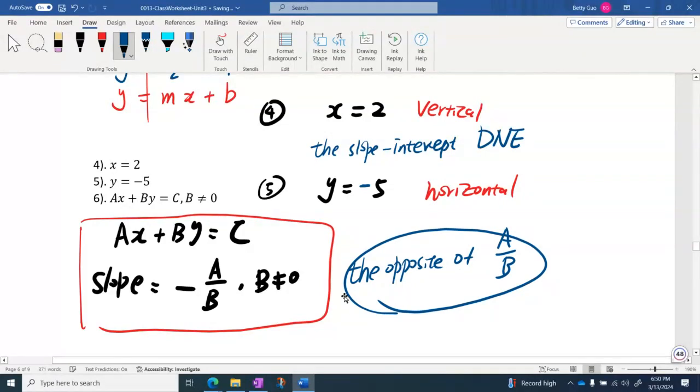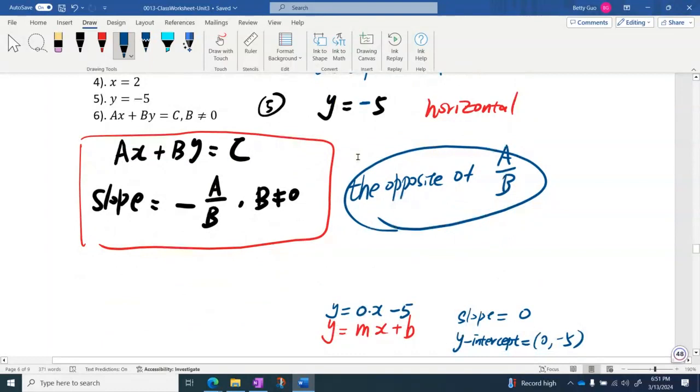Remember, we have a formula here because later, after we learn the theorem about the parallel and perpendicular, we are going to use this formula.